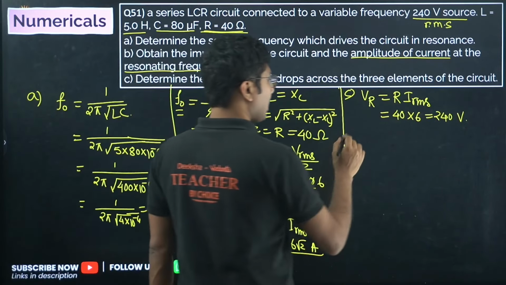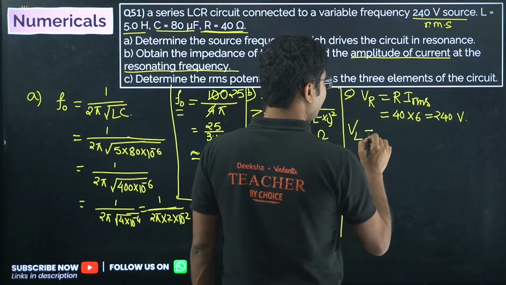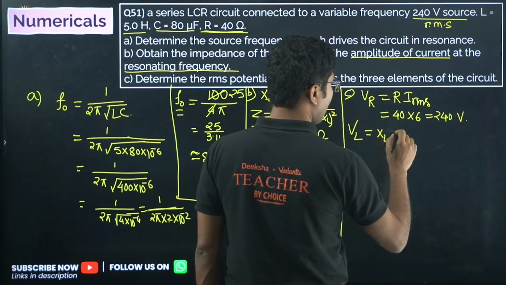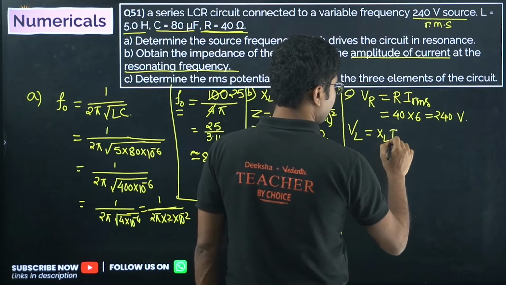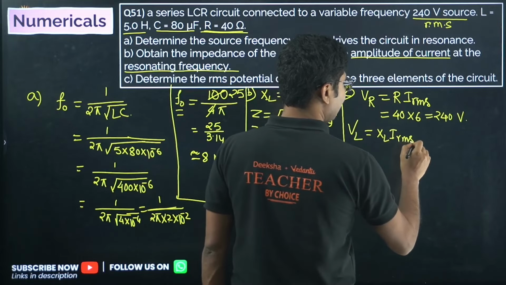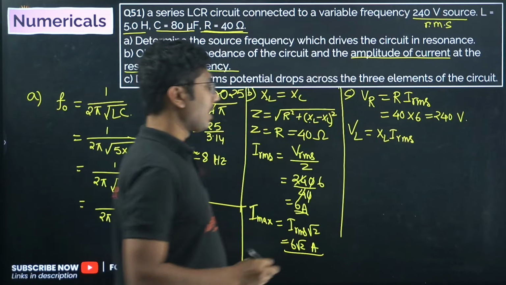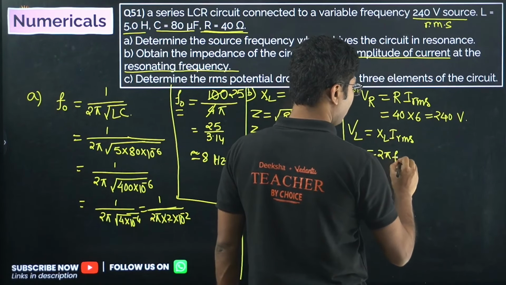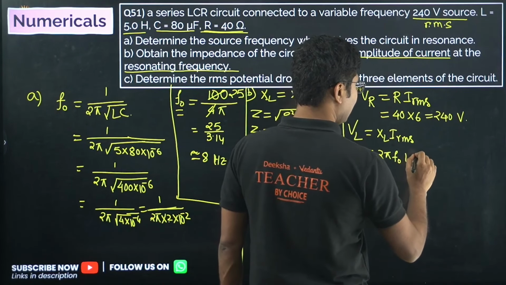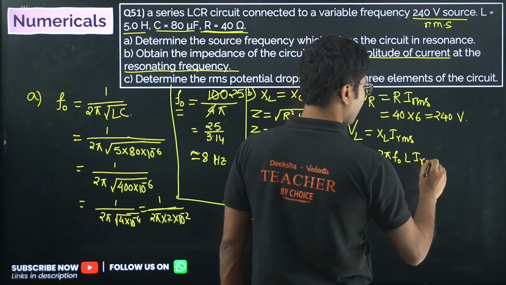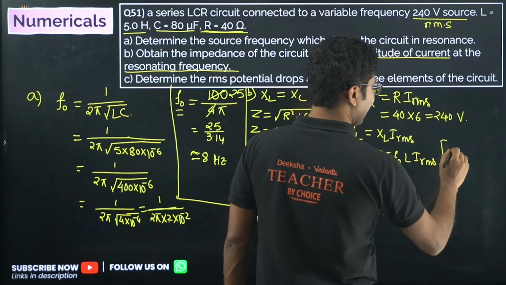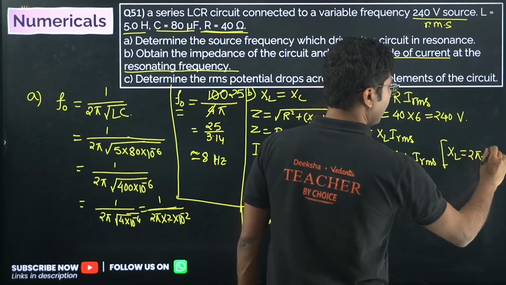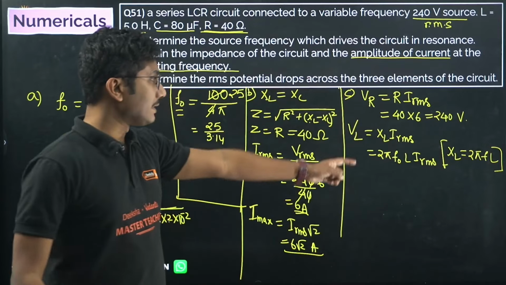Okay, what about VL? VL is given by XL into IRMS. Now what is XL? XL is given by 2 pi F naught L into IRMS. Why so? Because XL we know is 2 pi F into L. In this case it is F naught.